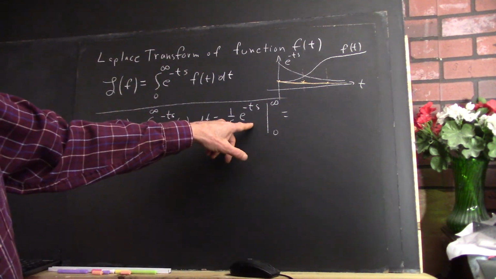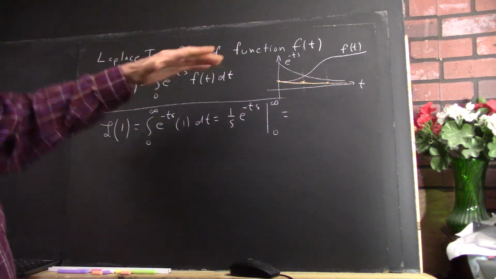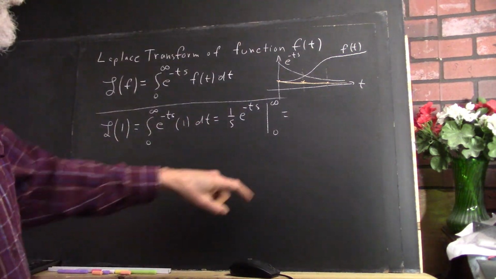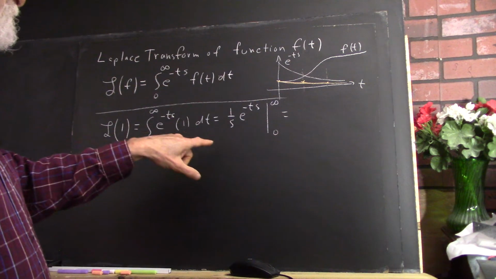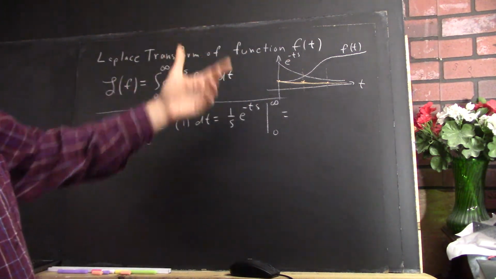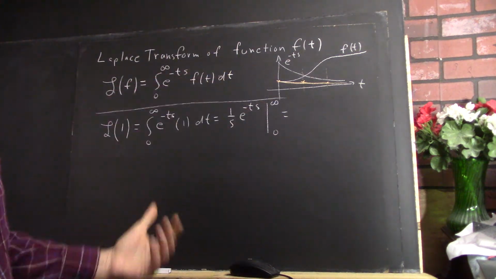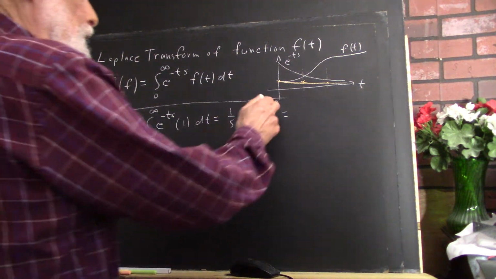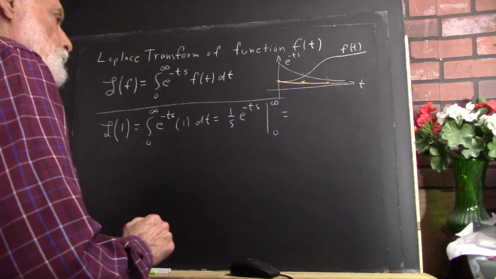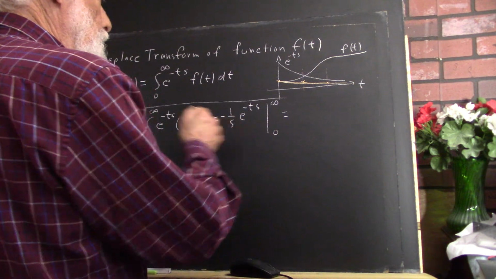At infinity, since this constant function doesn't grow too fast, you're just going to get 0. E to the negative ts is going to approach 0 as t approaches infinity. Incidentally, I have a negative out here.